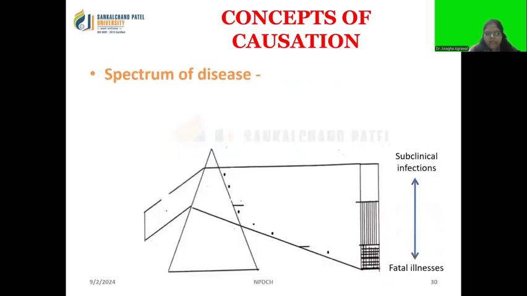Again, it includes subclinical infection, where the disease cannot be recognized, or the carrier state, where the patient is not troubled by the disease but has it in his body, and towards the fatal illness where the patient might die of that disease. So that is the spectrum of disease.